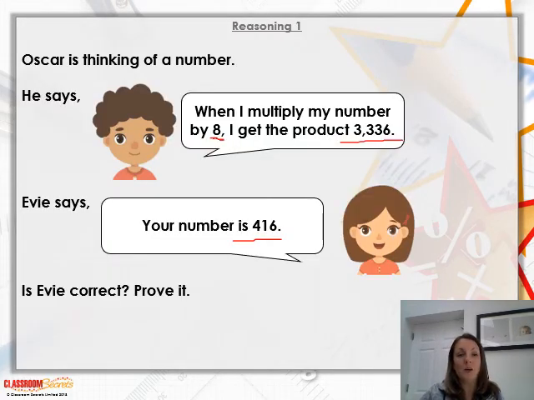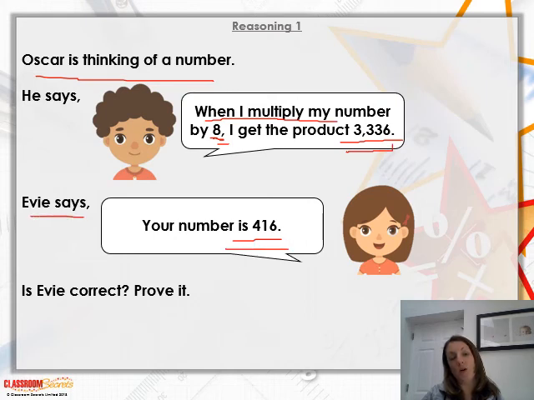Okay, so Oscar is thinking of a number. When I multiply my number by 8, I get the product of 3,336, and Evie says your number is 416. So let's have a little look.